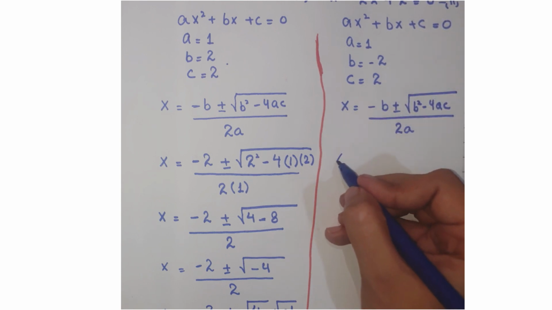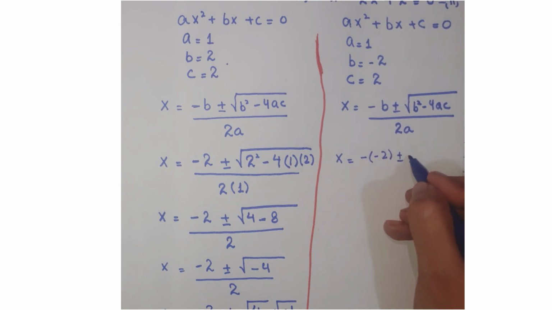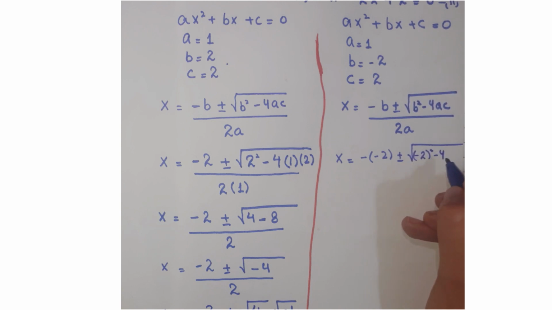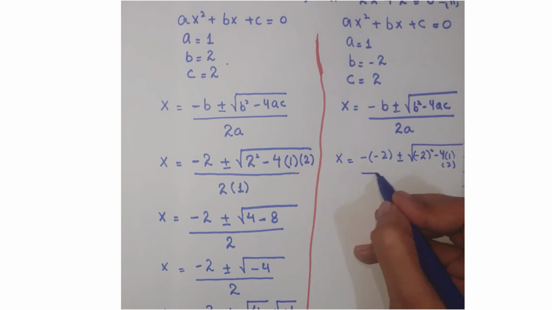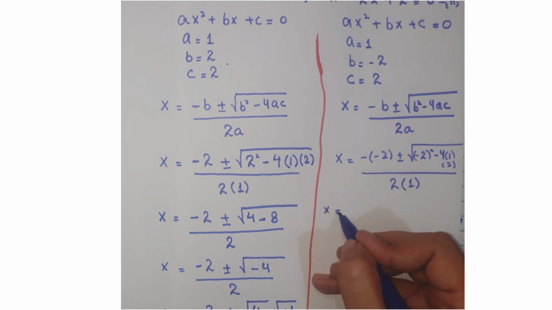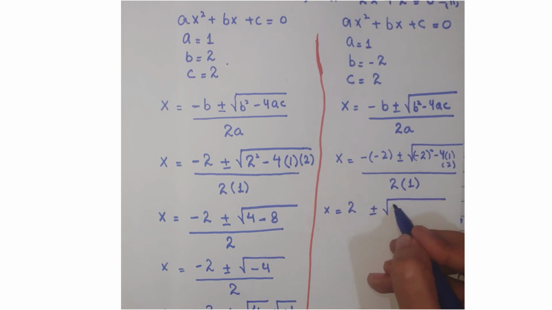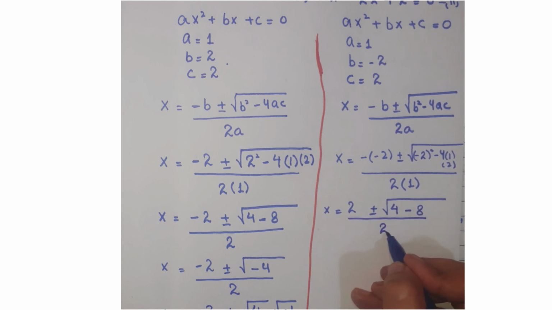Now put the values, so you get minus minus 2 plus minus under root minus 2 squared minus 4 a and c, and put the value of a here, right? Next you will get here 2 plus minus under root 4 minus 8 upon 2.